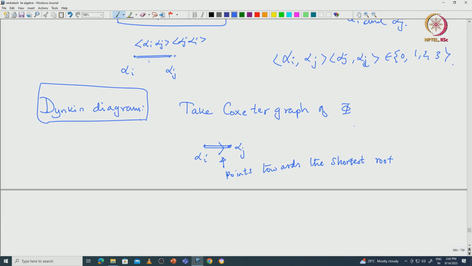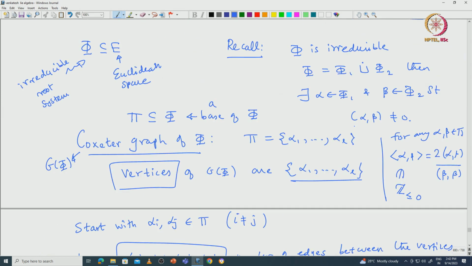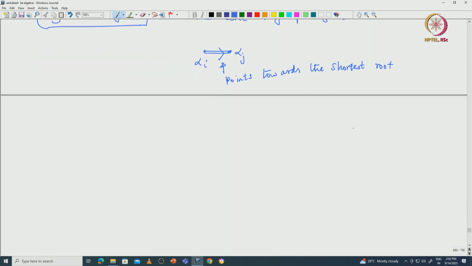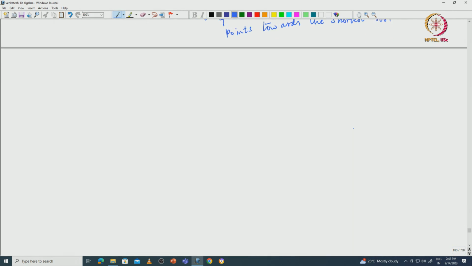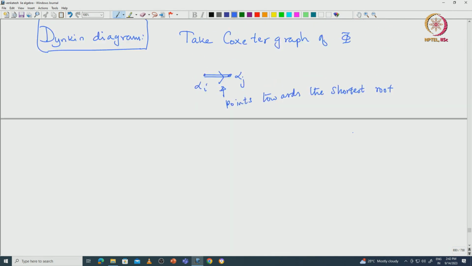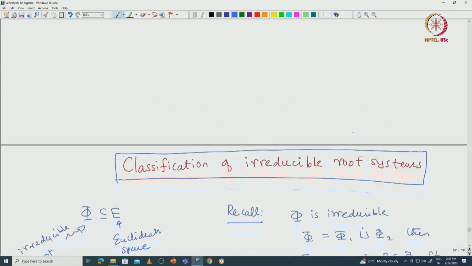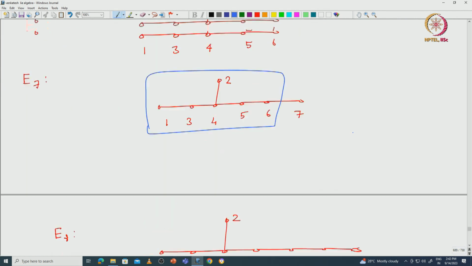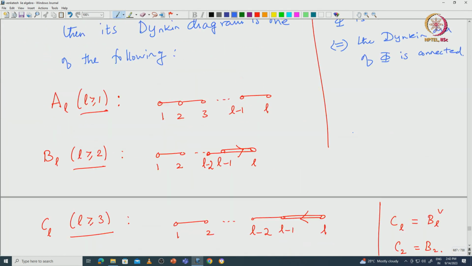Now we are going to classify the irreducible root systems using their Dynkin diagrams. I already specified in the last class what the possible Dynkin diagrams of an irreducible root system are, and that is listed here.